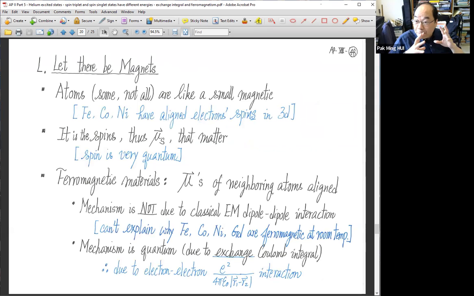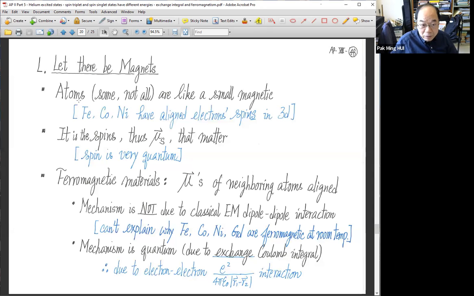Then we get a big byproduct. This is part of solid state physics, but I would like to bring out the physics here. Then we will have ferromagnetic materials, or make it even bigger, anti-ferromagnetic materials. Ferromagnetic is 铁磁. There are magnetic materials, but there are not many of them.